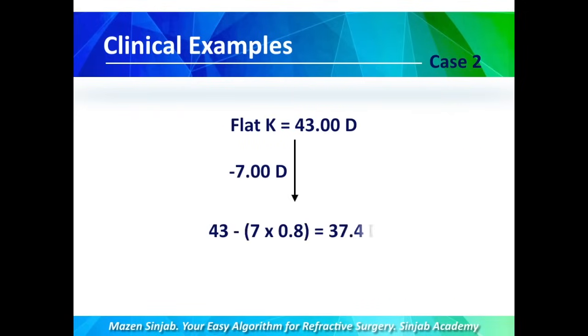To study the effect of this correction on the K readings, assuming that the flat K of the patient is 43 diopters, the -7 diopter correction will reduce the flat K to 37.4 diopters, which is above 34, and LASIK is accepted.